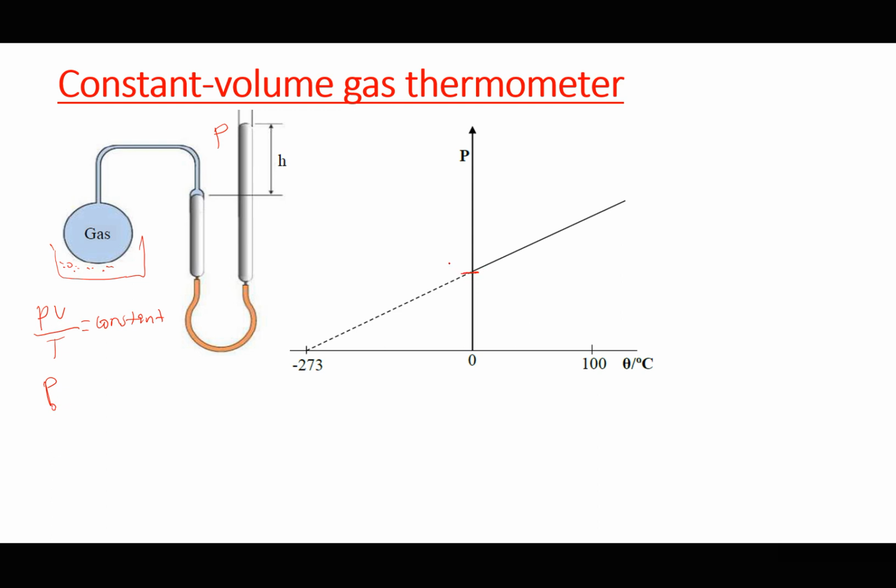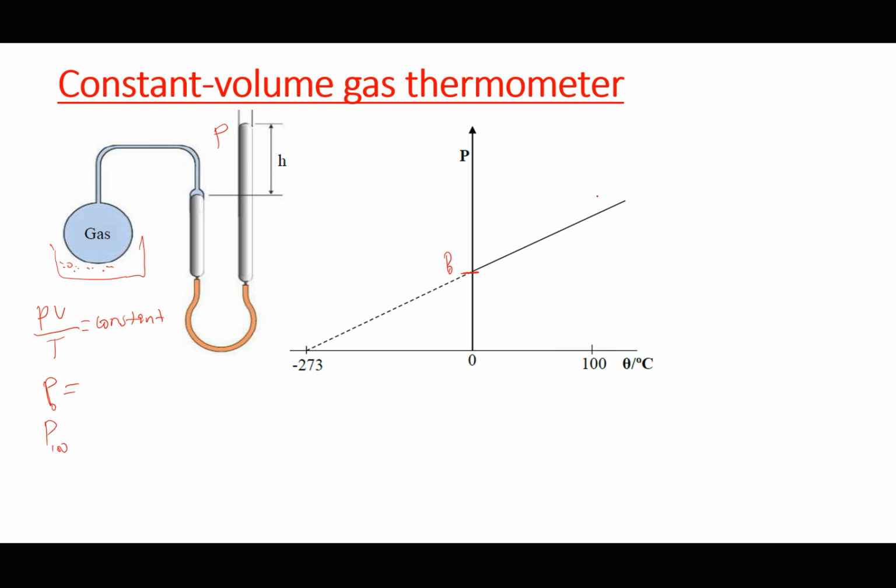Of course, even at 0 degrees Celsius, the pressure of the gas cannot be 0. Then we can still measure the pressure of the gas at steam point, that is at 100 degrees Celsius.